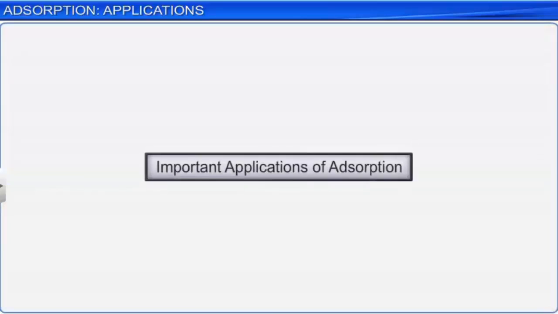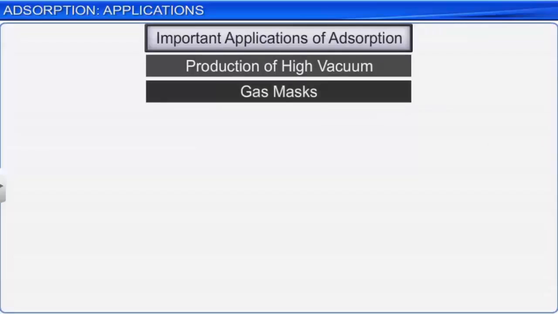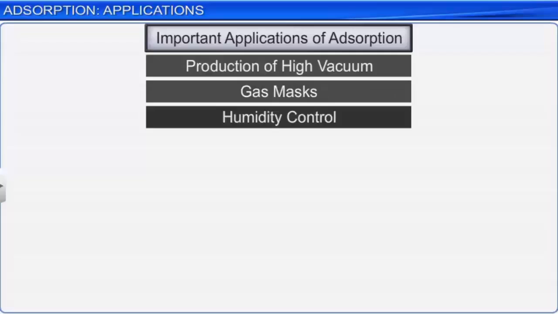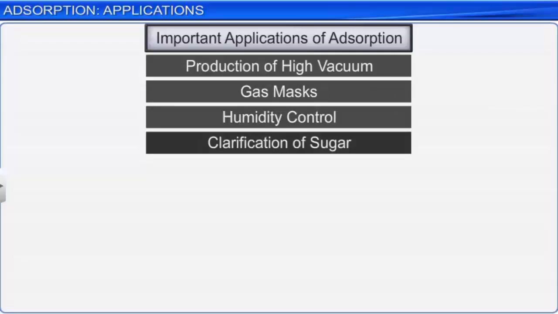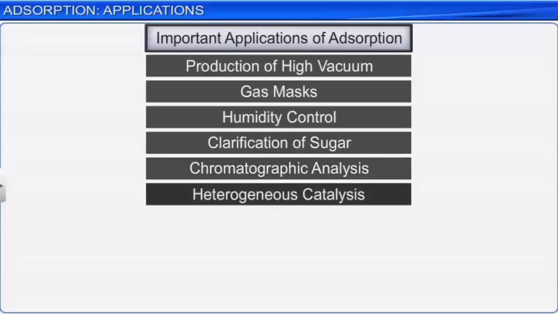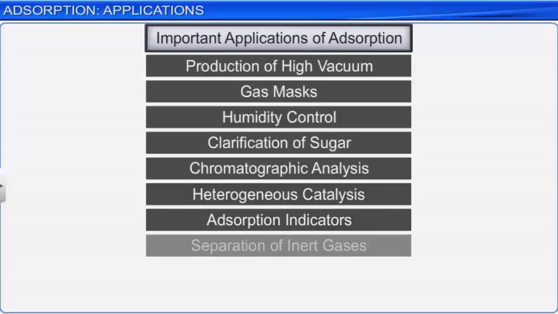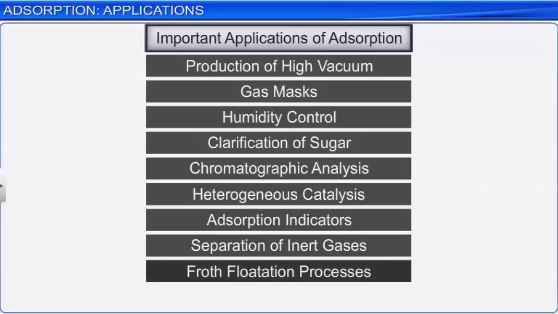Some important applications of adsorption are production of high vacuum, gas masks, humidity control, clarification of sugar, chromatographic analysis, heterogeneous catalysis, adsorption indicators, separation of inert gases, froth flotation processes, and curing diseases.